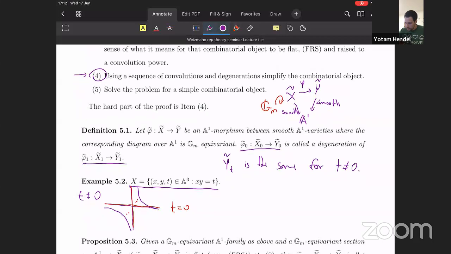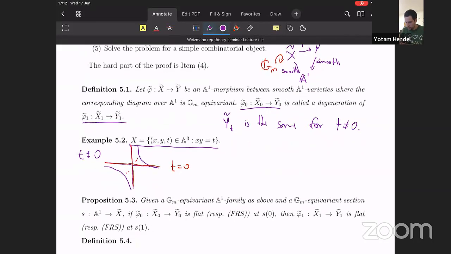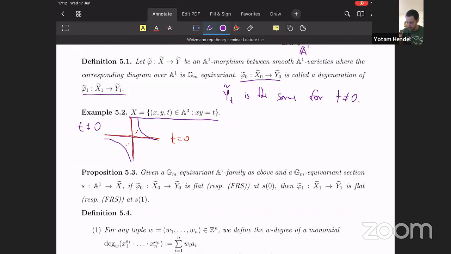Now, the mechanism that I use in order to take advantage of these degeneration techniques is as follows. So say I have a family as above, some family over A1, and I have some GM action.